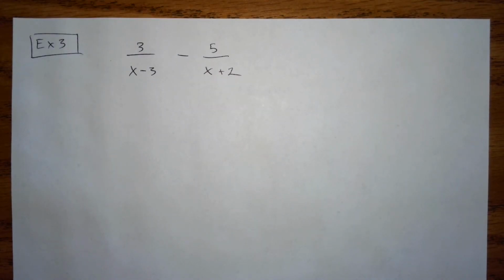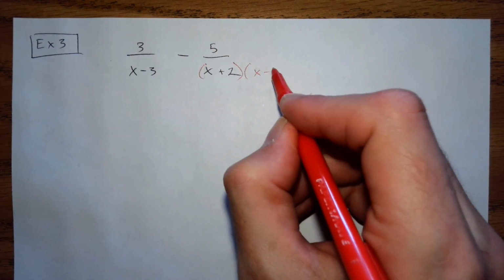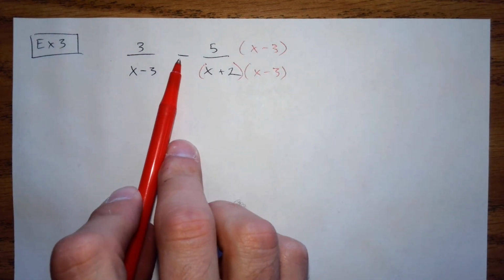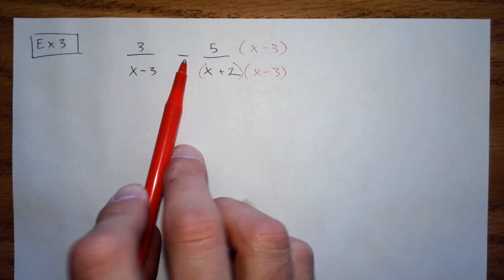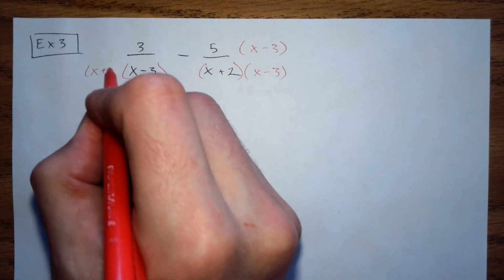So on this we have 3 over x minus 3 minus 5 over x plus 2. So here I'd put these in parentheses, x minus 3, x minus 3. Also later on, I'm going to do this in a separate step, but later on we're going to distribute this negative. Don't forget that as well. x plus 2.